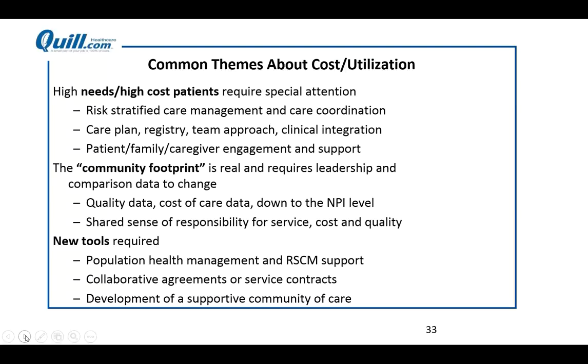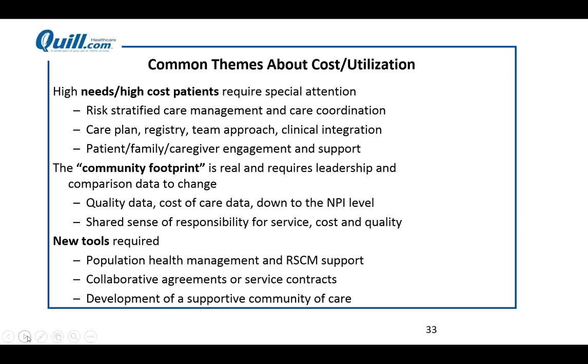Population health right now is actually code for identify the 5% of the patients in your patient panel that are the most expensive and figure out what to do about that. So that will be the major first part of the task, but eventually we're going to risk stratify the entire panel. But having a care plan for these sickest patients, a registry to keep track of them, a team approach to care, all are critical issues in the future of healthcare.